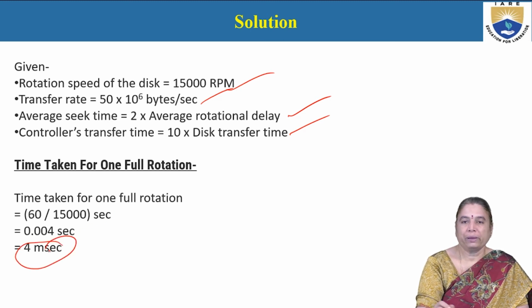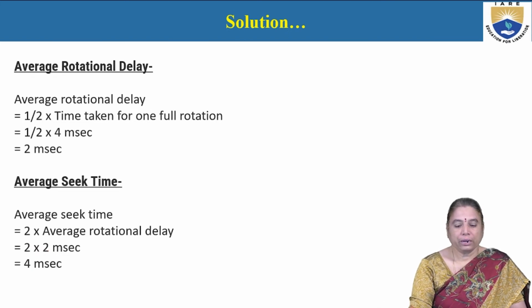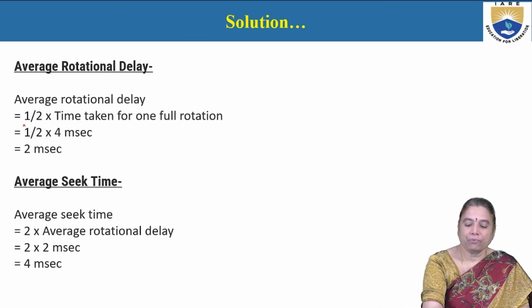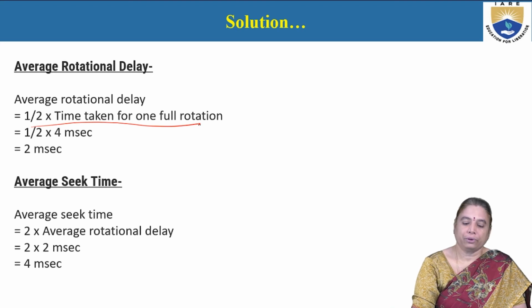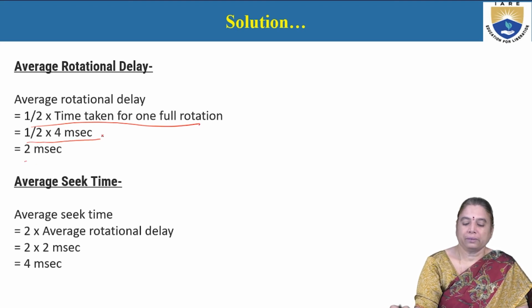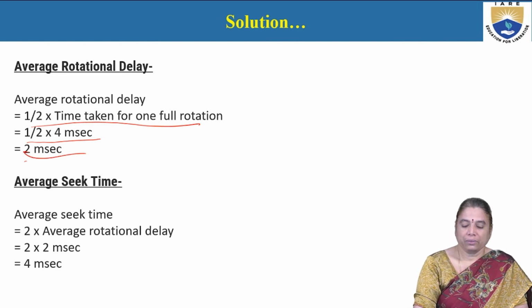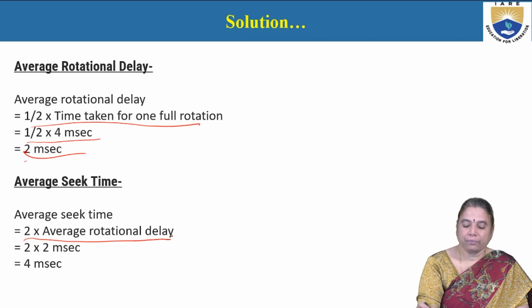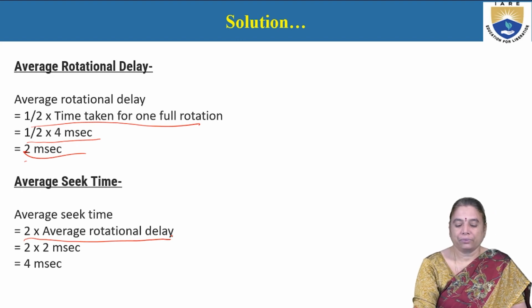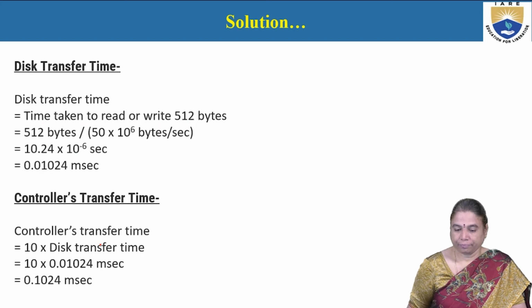It can be 4 milliseconds. Average rotational delay can be the half of the time taken for one full revolution. So it can be half into 4 milliseconds, 2 milliseconds. Average seek time is calculated with 2 multiplied by average rotational delay. It can be 4 milliseconds.